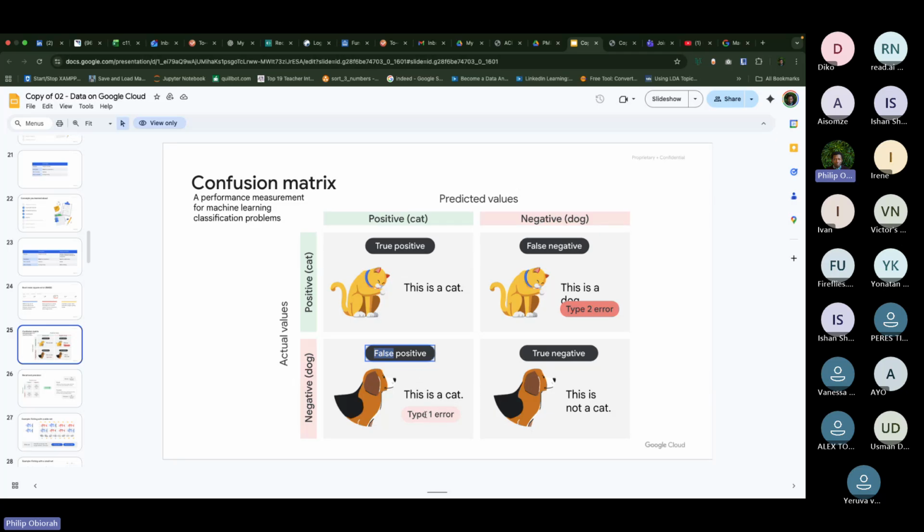So a type 1 error. Whereas this is actually not a cat, and the model predicted that it is not a cat. True negative.